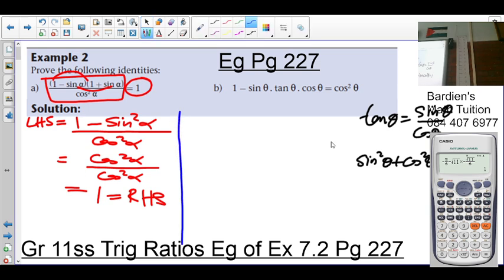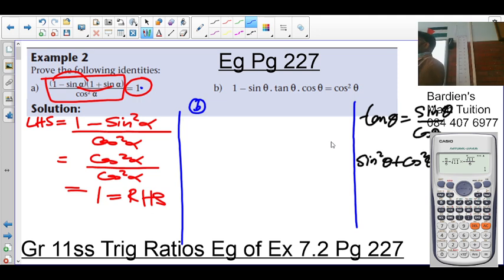Let's look at B. Now, how do we know which side to choose? We basically choose the one that is the most complex. So here we see that one was simple.